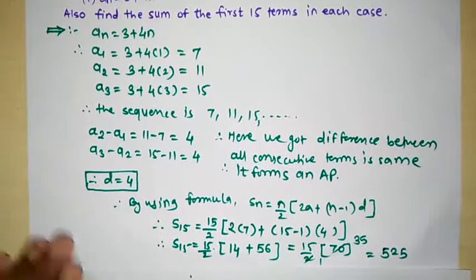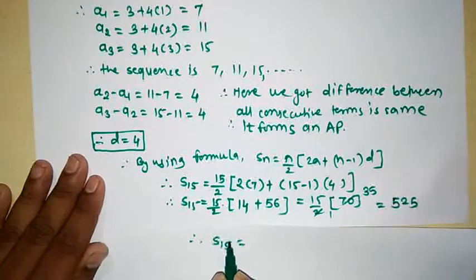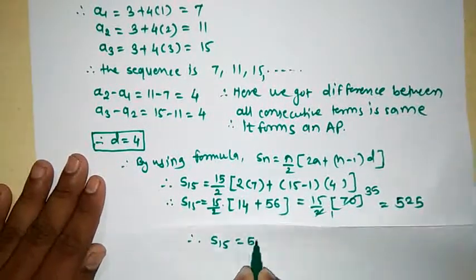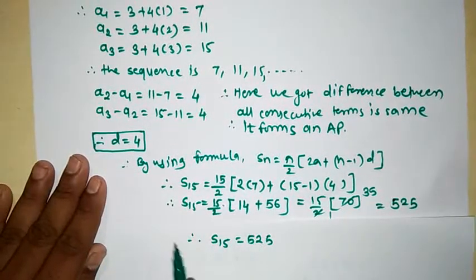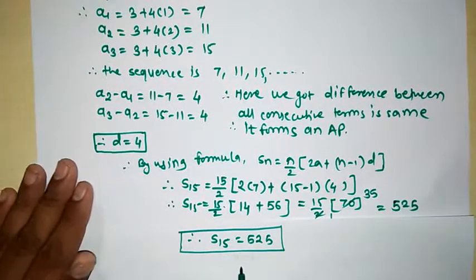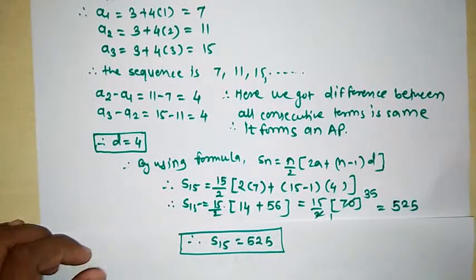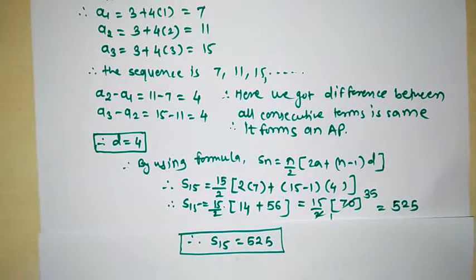Therefore, S15, that is the sum of the first 15 terms, is equal to 525. Write that right below the sentence: the sum of the first 15 terms is 525.